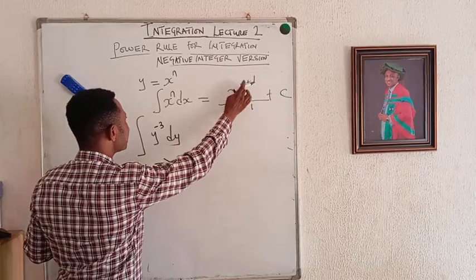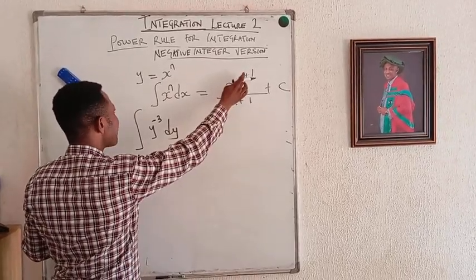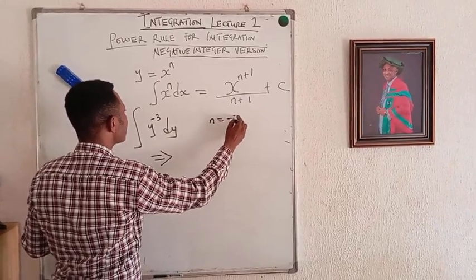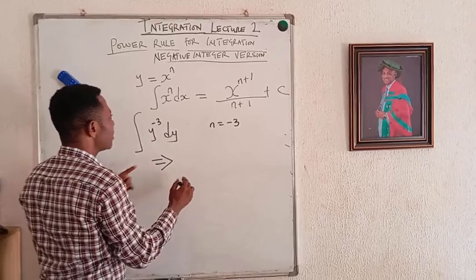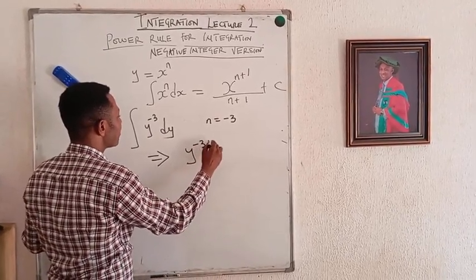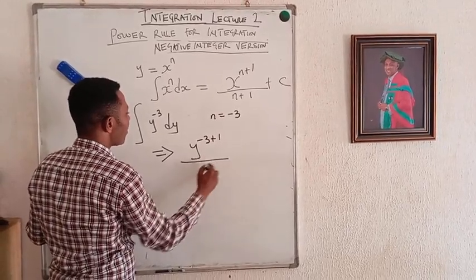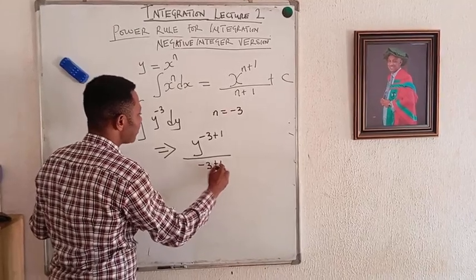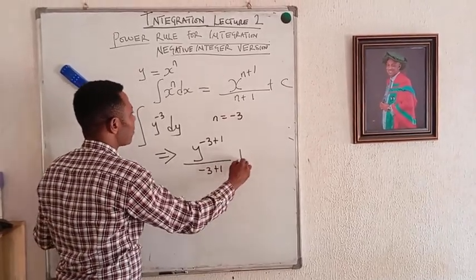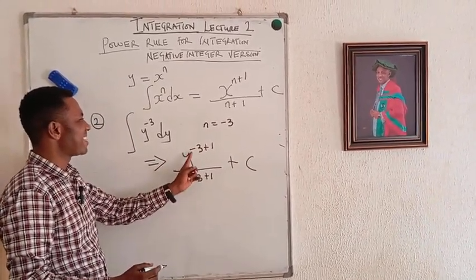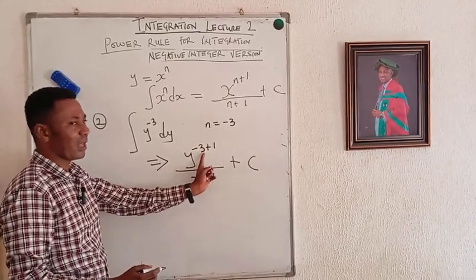The power here is minus 3, that is n is equal to minus 3. Now, it will be y power minus 3 plus 1 all over minus 3 plus 1, plus c.